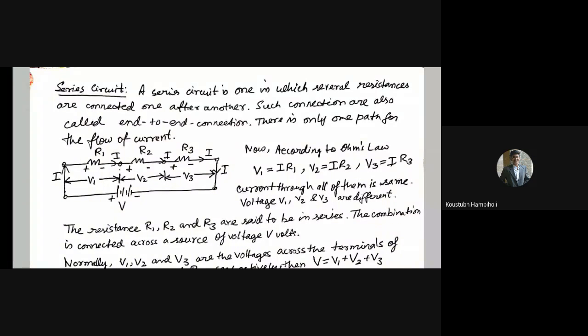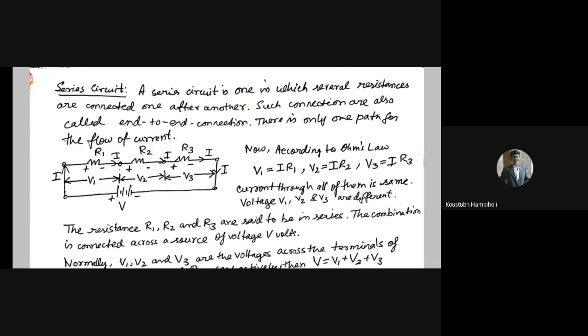You see, as per Ohm's law, there will be a certain amount of voltage difference existing. Only then will the current flow, as long as there are voltage drops. According to Ohm's law, we can write in this circuit that V1 equals I multiplied by R1, V2 equals I multiplied by R2, and V3 equals I multiplied by R3.